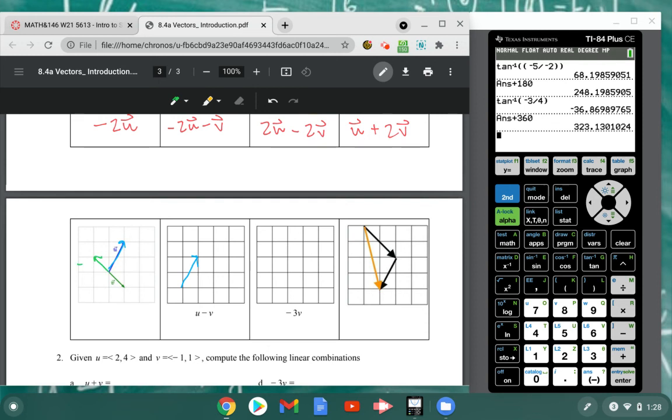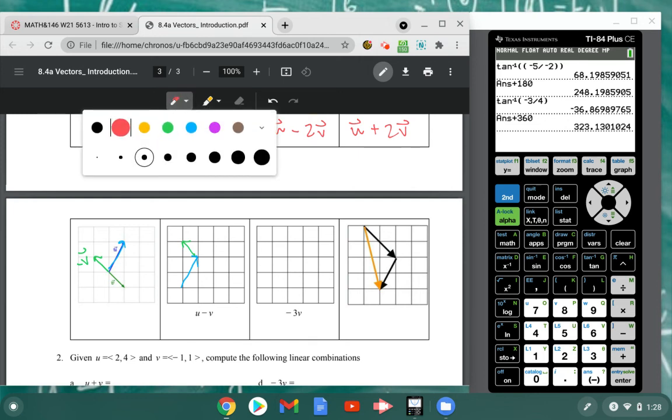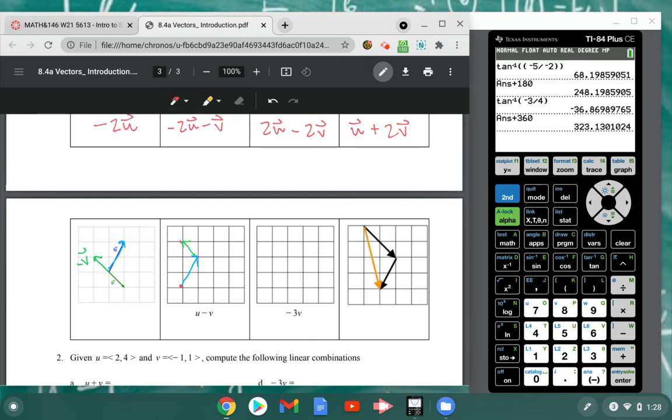So this guy would be negative v. So negative v lands me right here, and my resulting vector, if I start at the initial point and go to the terminal point, it's right there. So no change in the x direction, so 0 for the x component, and 1, 2, 3 for the y component.